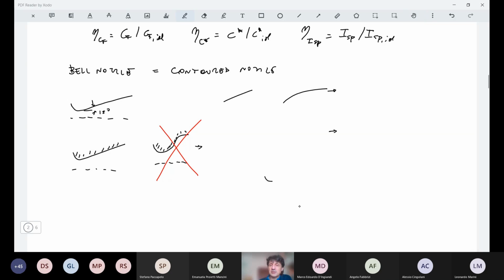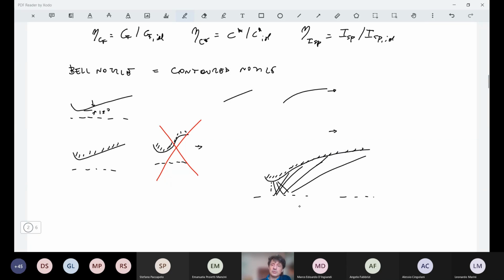You can imagine that you have a throat here, and you could consider an expansion and then a realigning of the flow that gives you a shape of this kind, with expansion waves which are reflected here, and the turning brought by these lines is compensated by the turning of the jet.